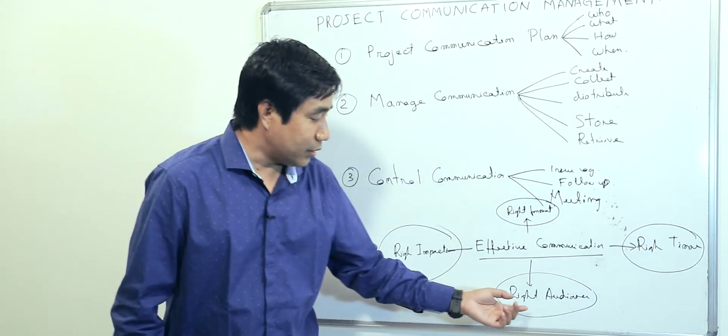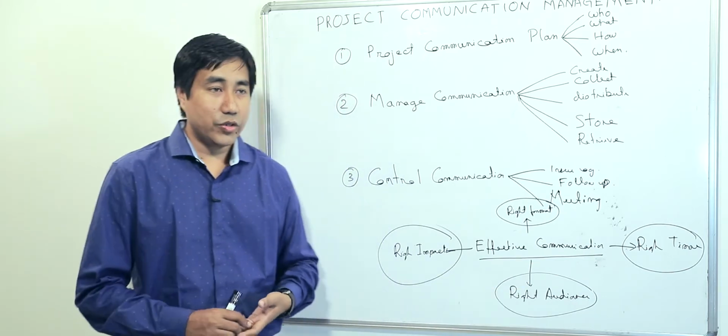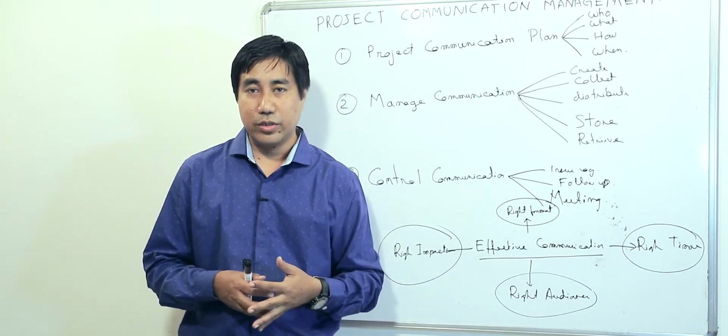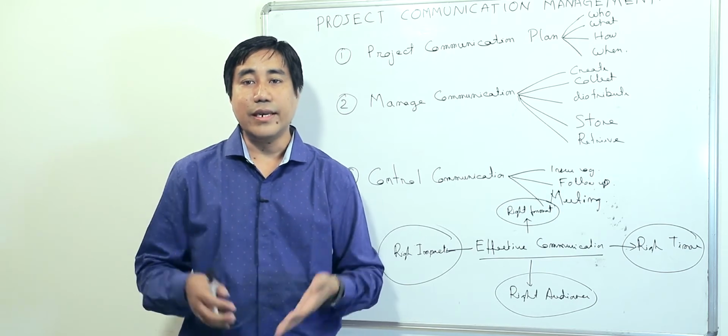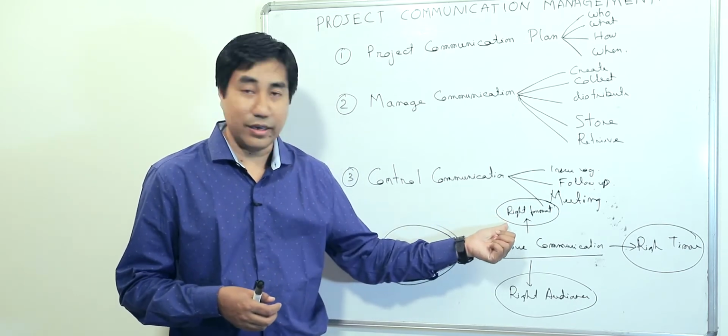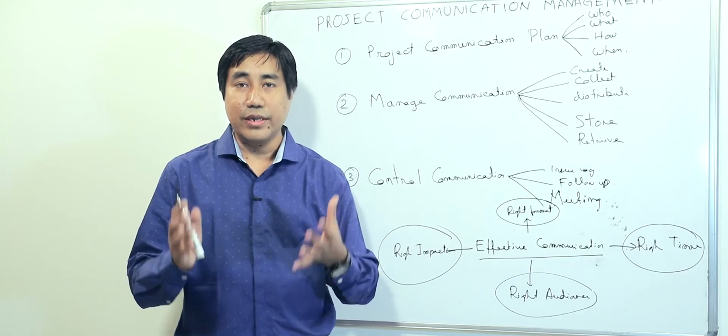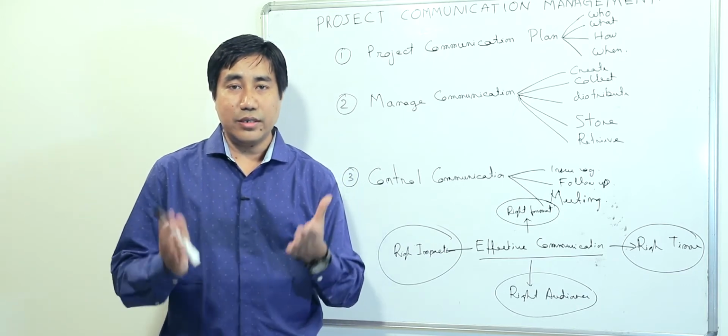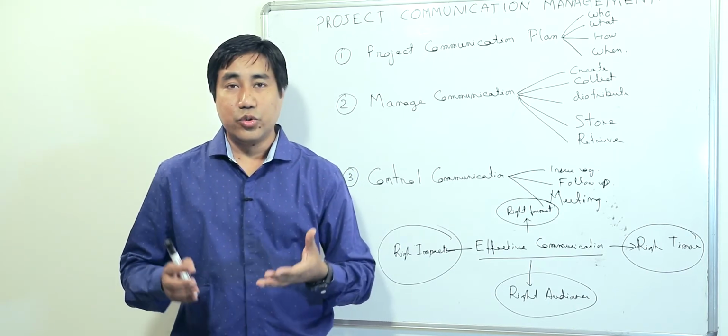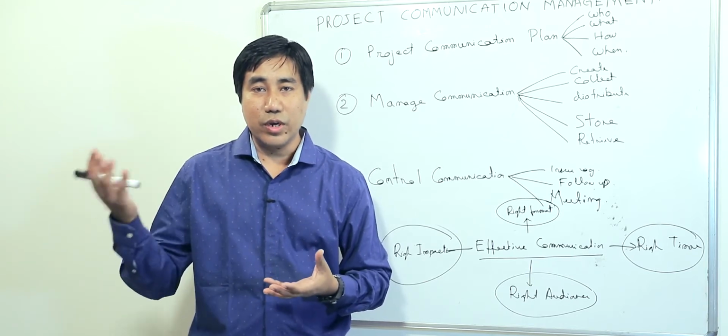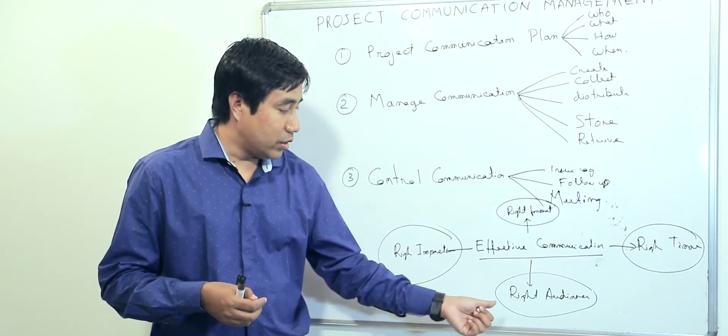And the next one is the right audience, right? Say for example, we have a detailed report, as I discussed under the right format. What this particular report should be sent to what set of people, that is what we call the right audience.